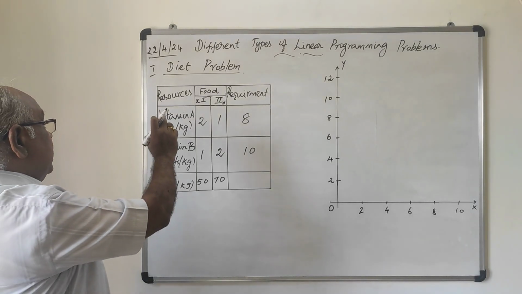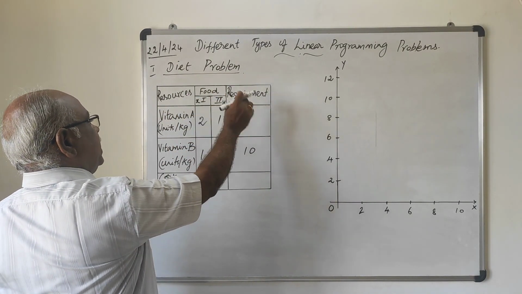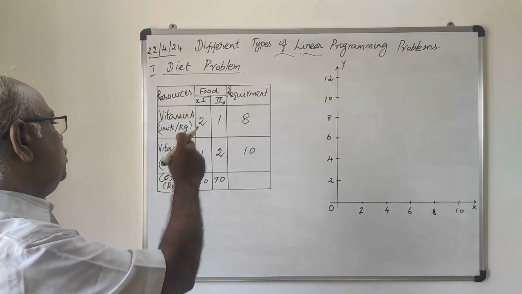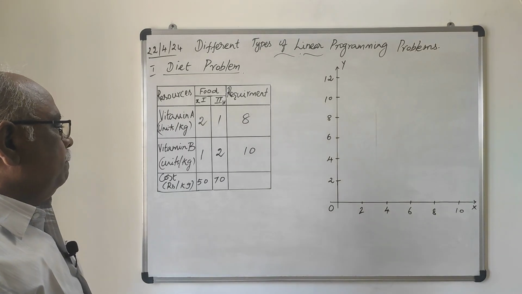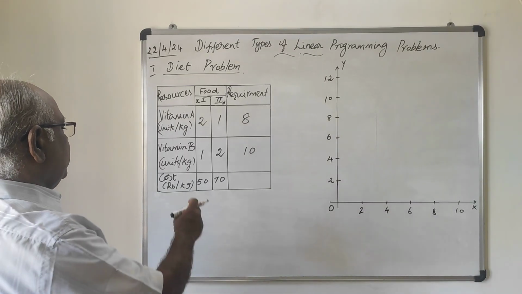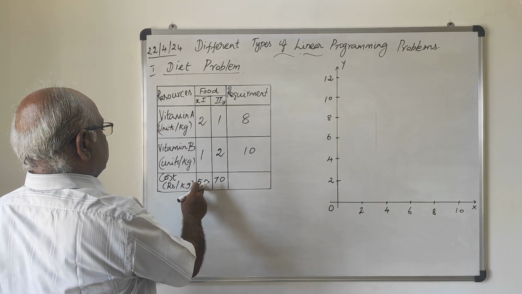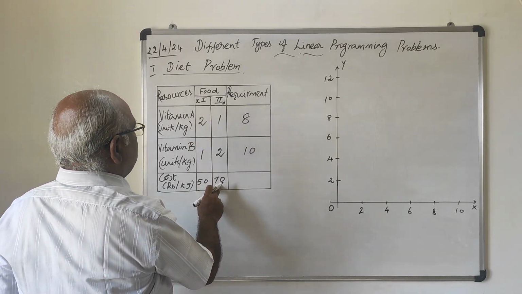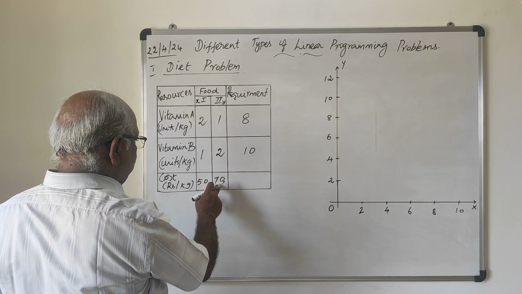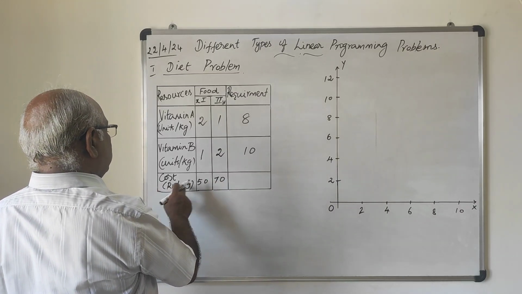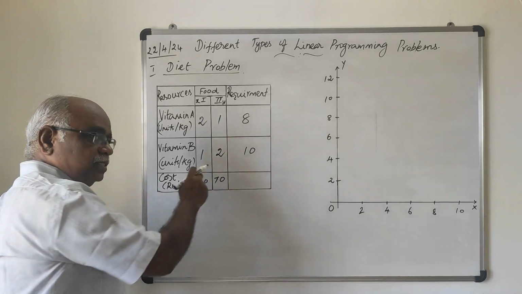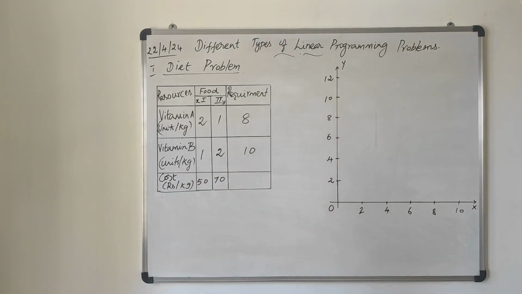The mixture should contain at least 8 units per kg of vitamin A and at least 10 units per kg of vitamin B. The cost of food 1 is 50 rupees per kg and the cost of food 2 is 70 rupees per kg.